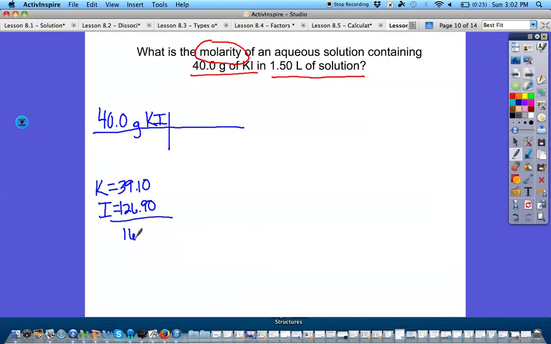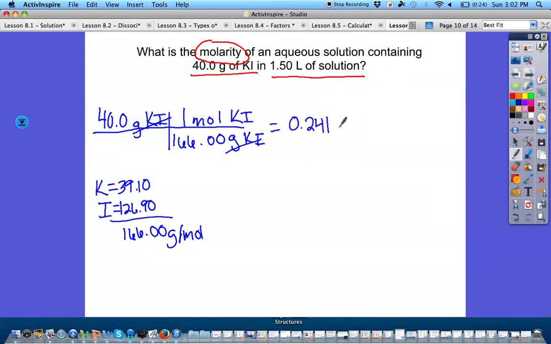Add those together and you should get 166 grams per mole. Grams of potassium iodide is going to cancel. 40 divided by 166 is going to give you 0.241 moles of potassium iodide.